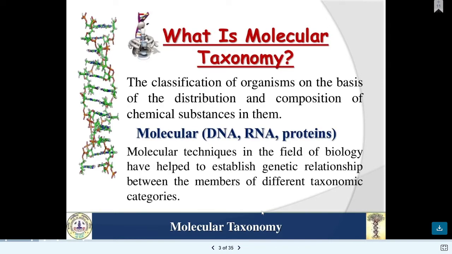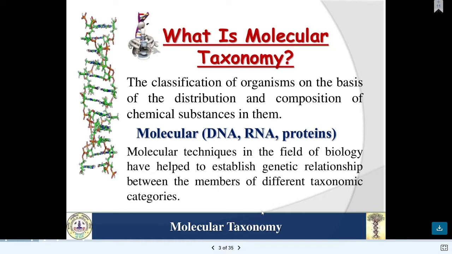First of all, we need to know what is meant by molecular taxonomy. It is the classification of organisms on the basis of distribution and composition of chemical substances in them. What comes under the molecules is the DNA, RNA, and proteins.